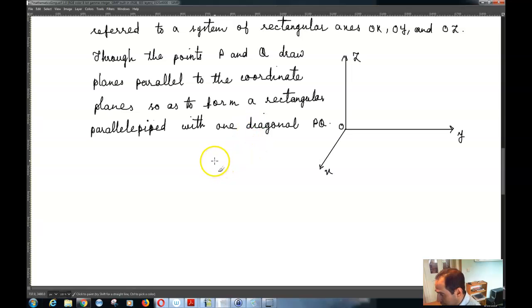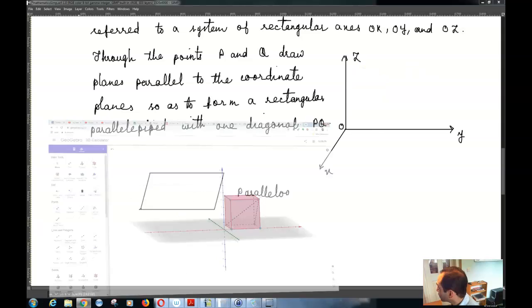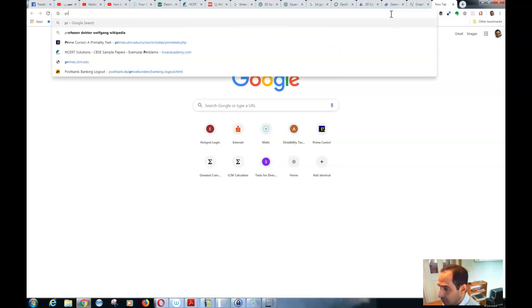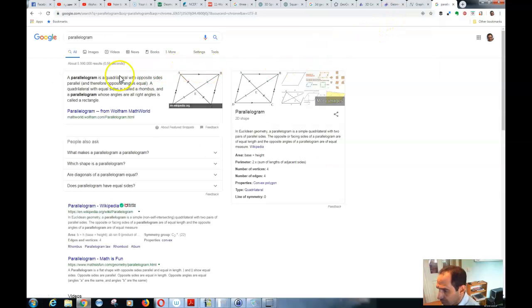And of course you know that when we talk about a parallelogram, we say that this is a parallelogram if basically this is a parallelogram, and I think that the word parallelogram has to be written this way. Parallelogram, okay.